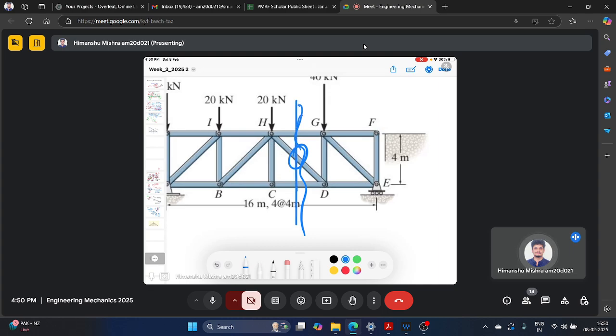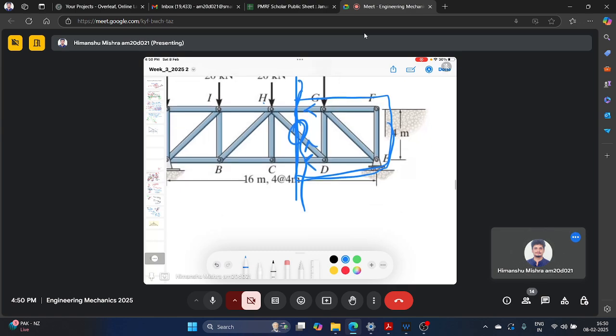So we make a cut in members GH, DH and DC. So we will be making the free body diagram here only. Once we make the free body diagram here, we can consider this part of the truss only, and then we can use the equilibrium equations.